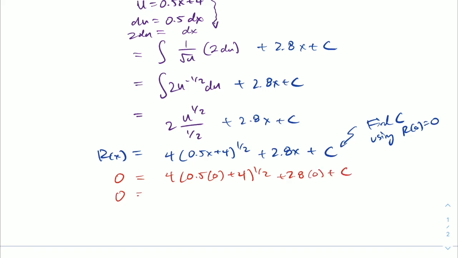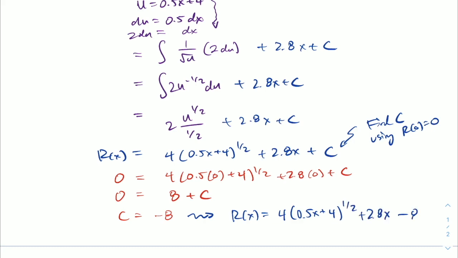The first term here is going to be 8, since 4 times the square root of 4 is 8, plus c. That has to be 0, so c has to be negative 8. And this gives us our revenue function in its entirety. R of x is 4 times (0.5x plus 4) to the 1/2, plus 2.8x minus 8.